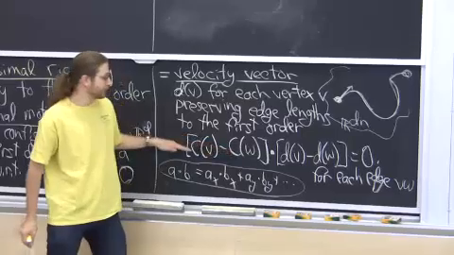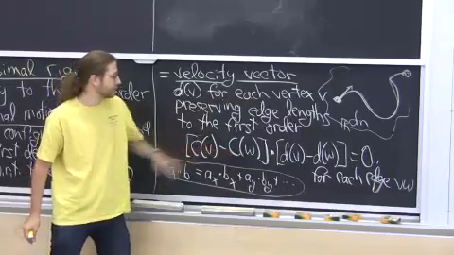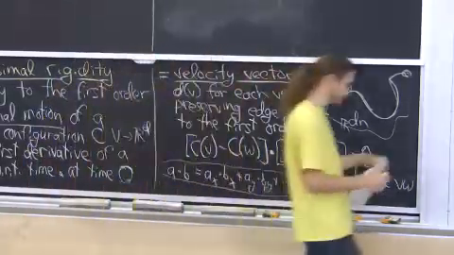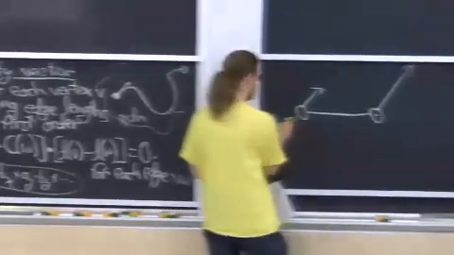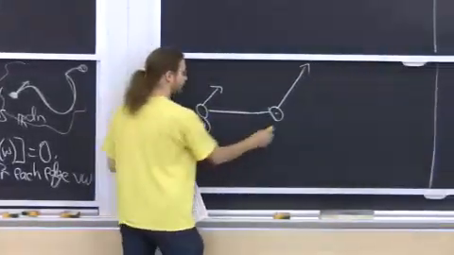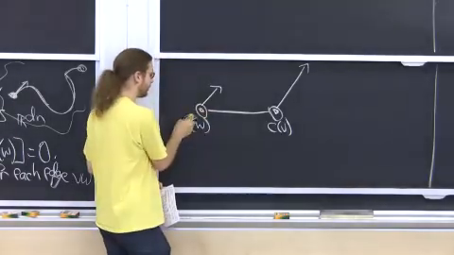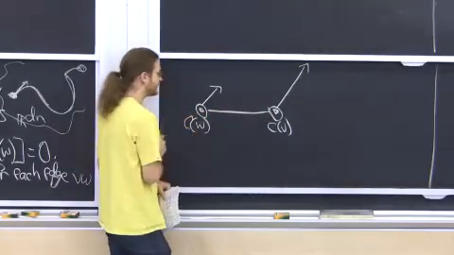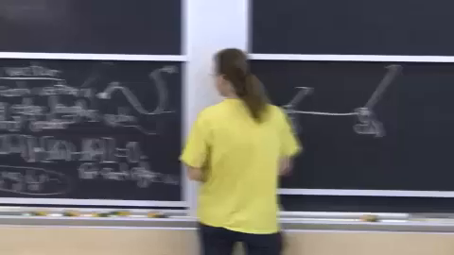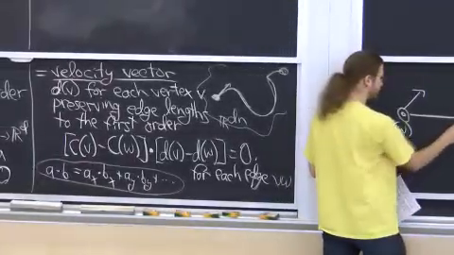This is a vector c of v minus c of w. Let me give some labels. Let's say this is w, and this is v. Let's say these are the points that the configuration places w and v at. Then c of v minus c of w is this vector.